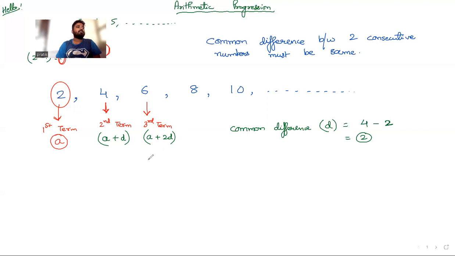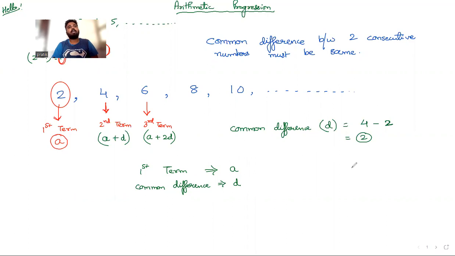If a series is in AP, arithmetic progression, then we can write it in the same general format. So here, you need to understand that the first term is A, and the common difference is denoted by D. And if I have to write any term, see, the third term is A plus 2D.